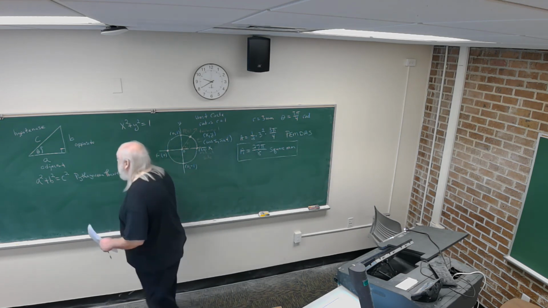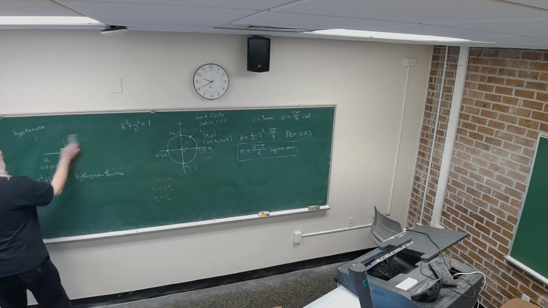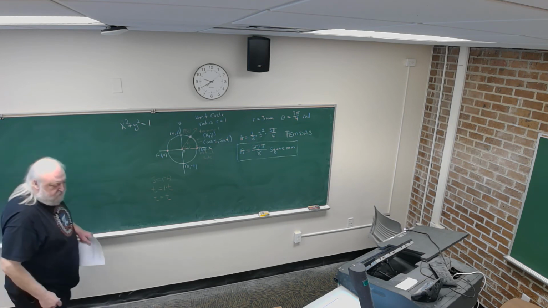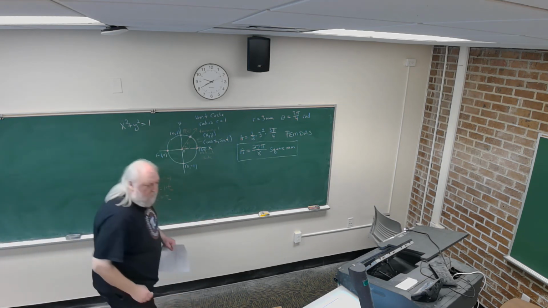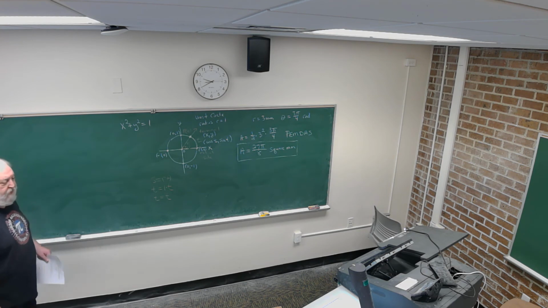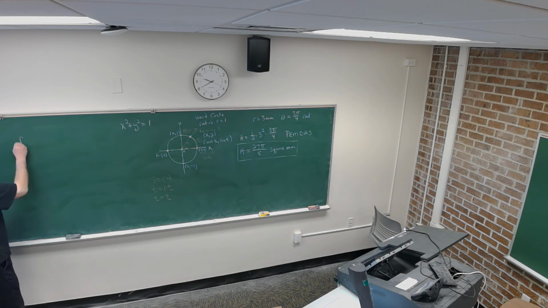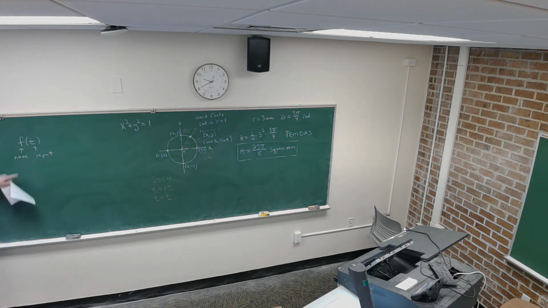Now I want to say one thing about the notation for the sine and cosine functions. We talked about this with the natural log function. Function notation: I have f of t. t is the input to the function f, and f is its name. Well, the cosine and sine functions are just the names of functions like f.